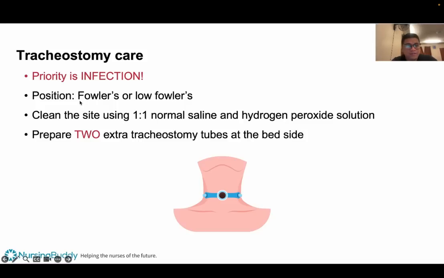Okay? So, also clean the site using normal saline and hydrogen peroxide. So, 1 part and 1 part, 1:1 ratio. And you need to prepare 2 extra tracheostomy tubes at the bedside of the patient. So, in case this tubing will be dislodged, at least you have 2 extra trach tubes there.